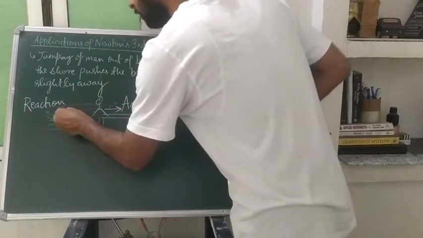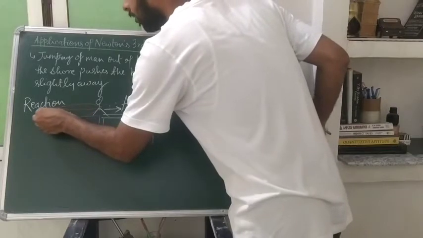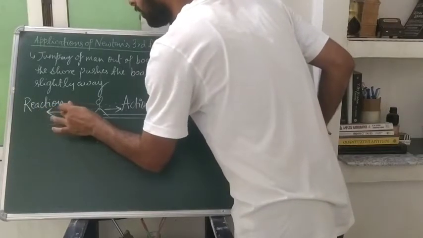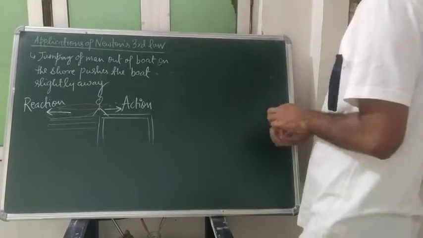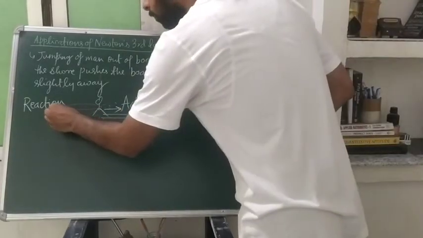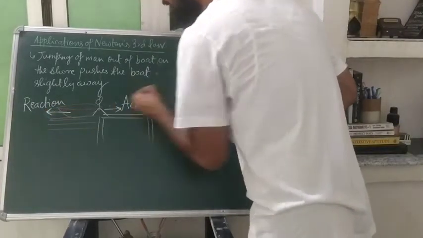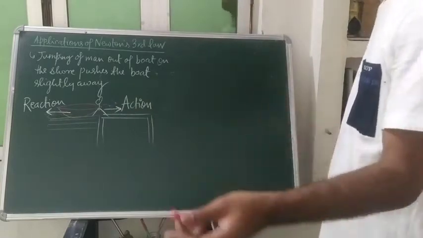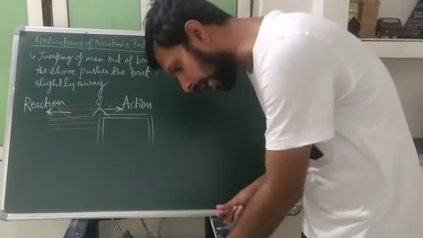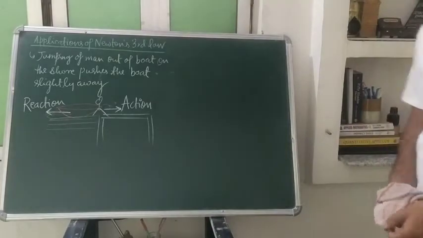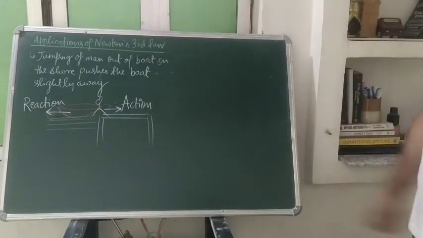So it's better to draw it so that it looks like it is on the same line of action. You should keep these points in mind: they are equal in magnitude but opposite in direction. This is one simple example of it.